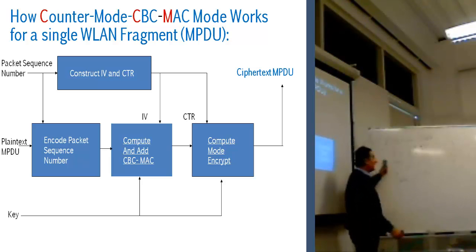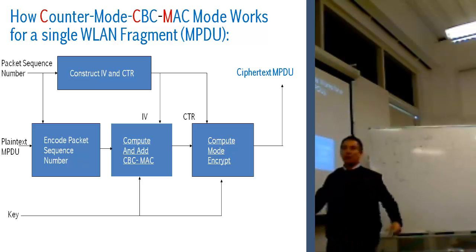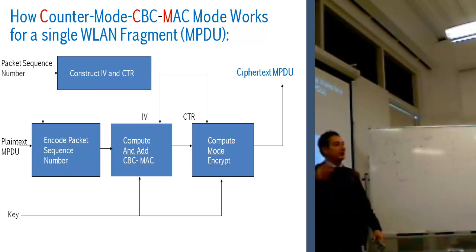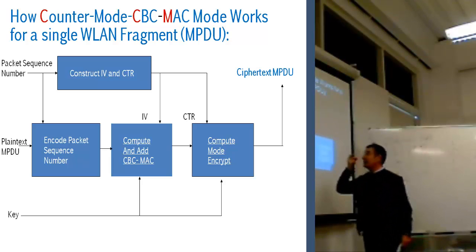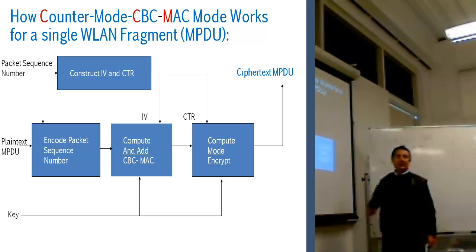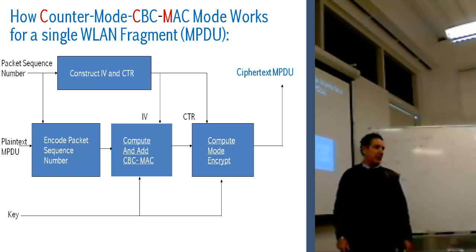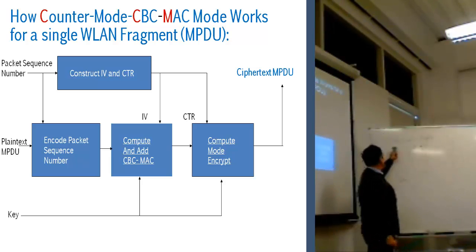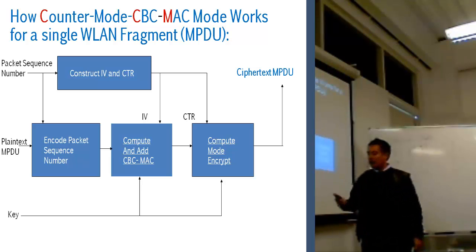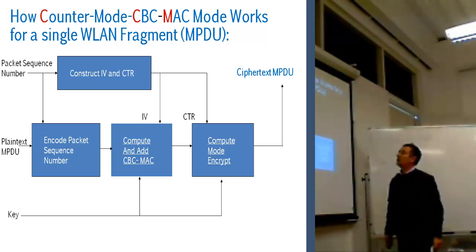So that IV is going to come right here. That IV is going to be XORed with my plain text, and it's going to be encrypted. That's why I need IV, just because of CBC mode. If you look at the details of CBC mode, you will see the IV there anyway. And the counter holds the counter values for the counter mode.